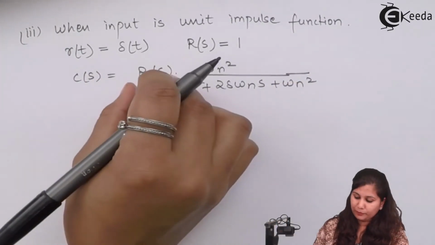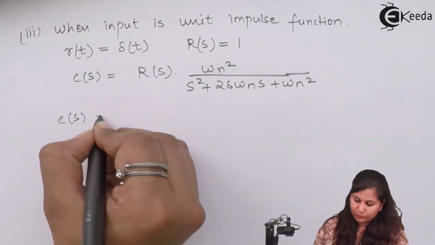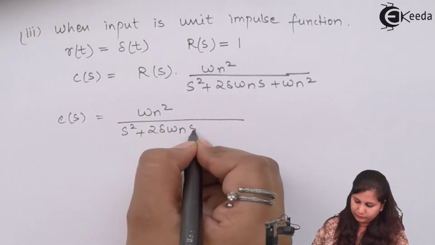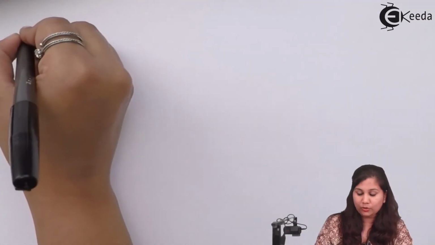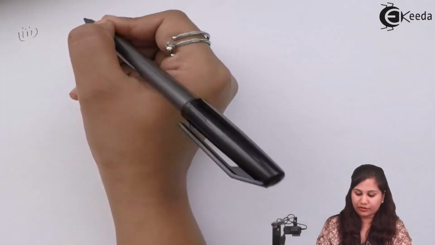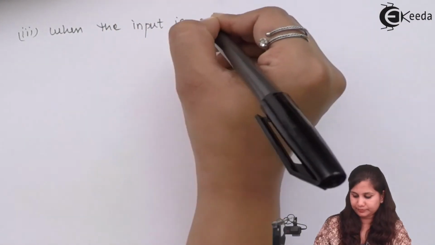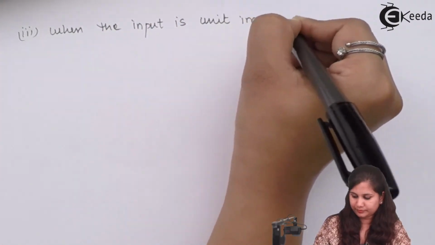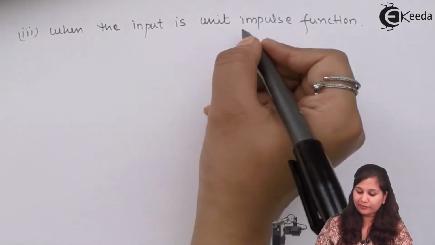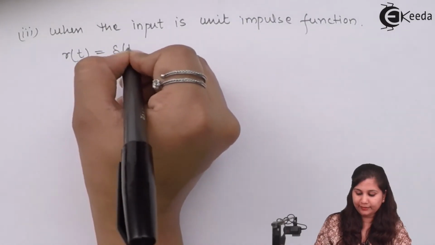So here we are going to put R(s) equals 1. So our third case will be when the input is the unit impulse function. For unit impulse function, the input r(t) is equal to delta t.